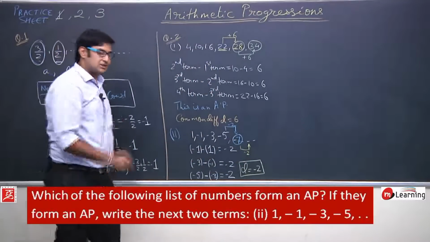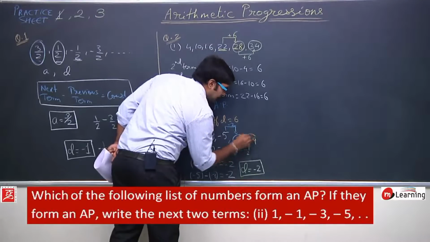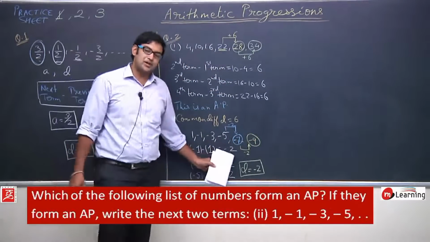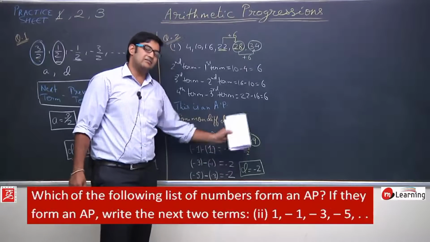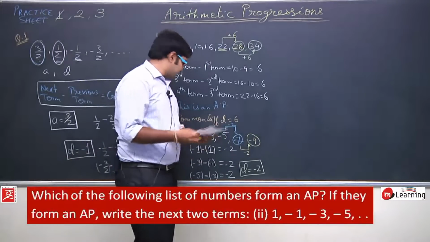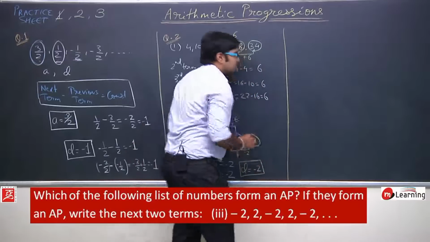So -7 minus 2 will give you -9. So the next two terms of this arithmetic progression are -7 and -9. So this is the solution for the second part of question number 2. Let us solve the third part and fourth part also.